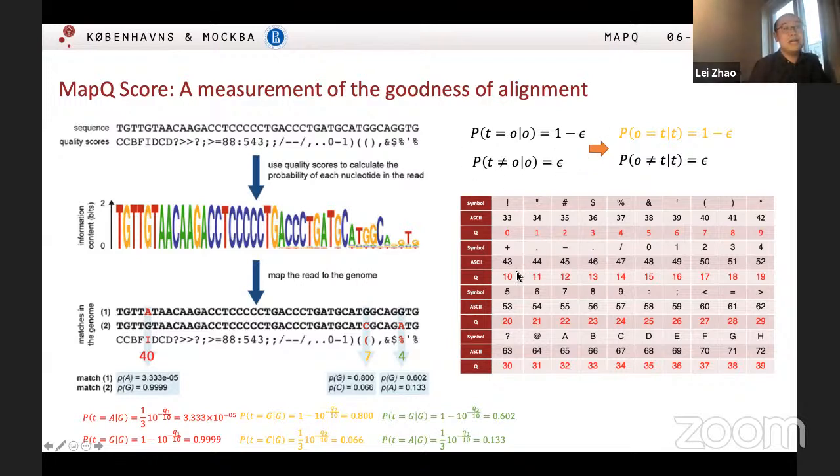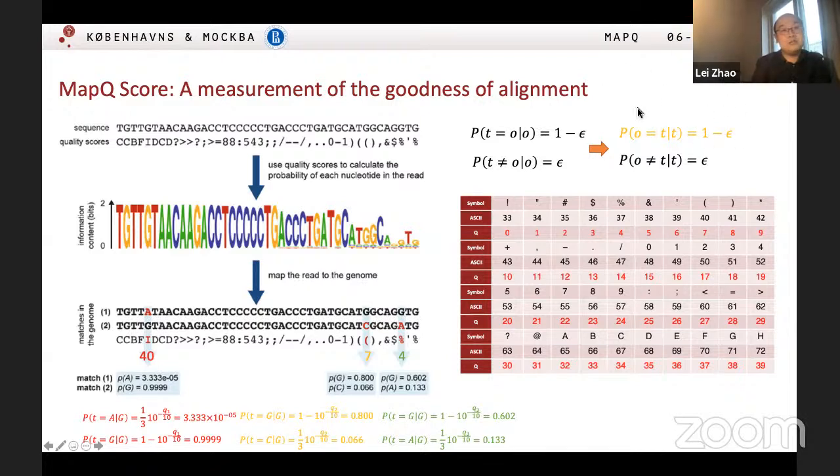So epsilon can be written in the Q score way. But I just want to remind you here, if we assume that the prior probability of observation, like A, C, G, T, has an equal chance to be obtained, like the prior probability of observing A equals the prior probability of C, we can switch the position of the observation and the truth. This will lay the basis of the likelihood function, the genotype likelihood.